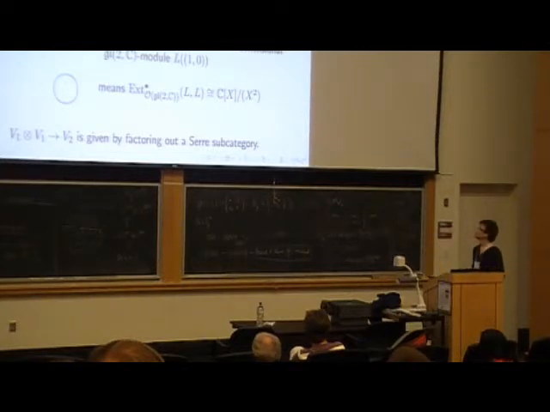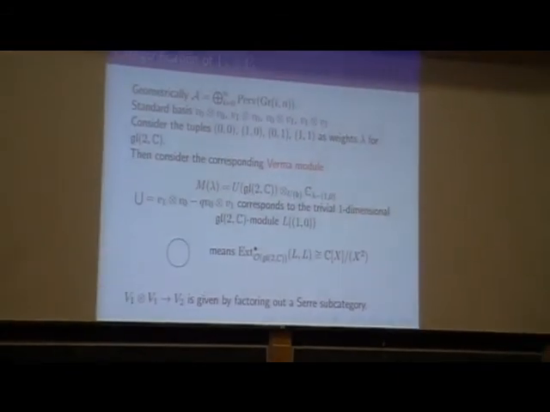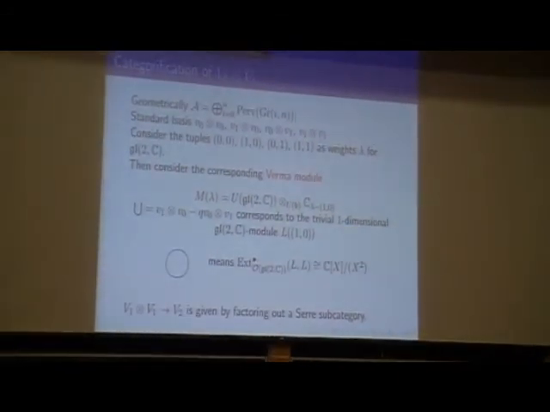Okay? So now I want to say, what does it mean to pass from V1 tensor V1 to V2? This is given by taking this category, which I told you categorifies V1 tensor V1, and factoring out the CR subcategory, a Boolean category, and then you get something which categorifies C2, V2.